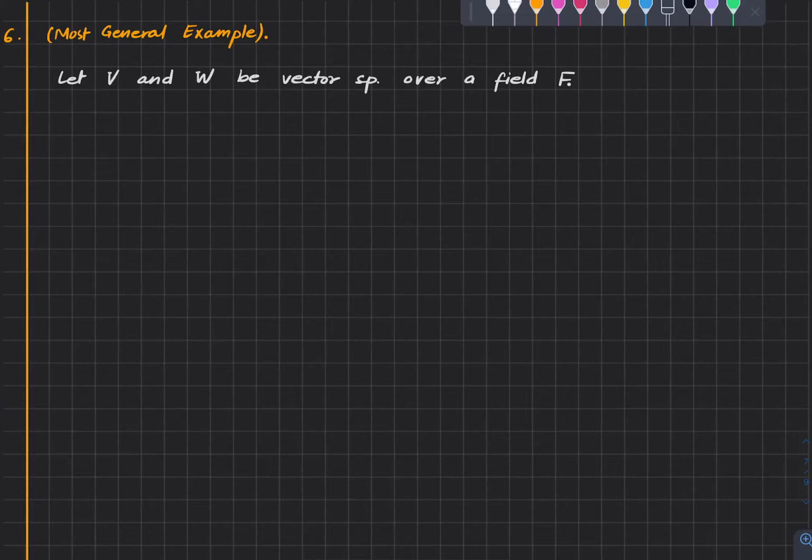Okay, so here is the most general example. Given any two vector spaces, every linear map looks this way, the way we are going to describe. So fix two vector spaces, V and W, again they are finite dimensional, as we mentioned. All vector spaces will be assumed to be finite dimensional unless otherwise mentioned. So these are finite dimensional vector spaces over some common base field F. Fix two bases.